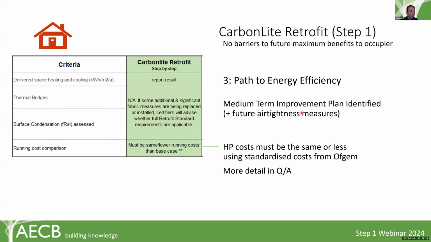The heat pump running costs are considered here as well. In step 1, what we ask as a criterion is that the heat pump must cost less or the same to run than the previous heating system, which would have been, say, a gas boiler. And that safeguards the expense side for the occupier, makes sure that they're not going to be in a worse position.